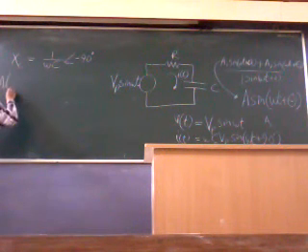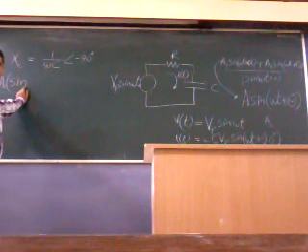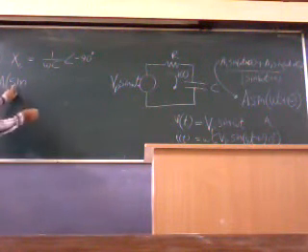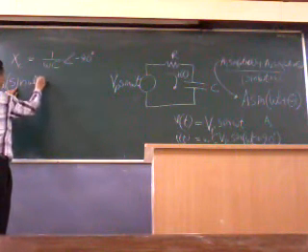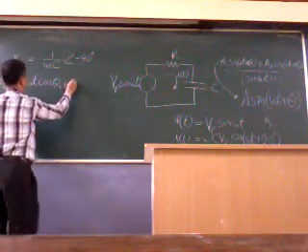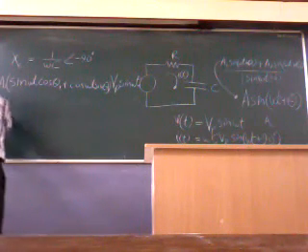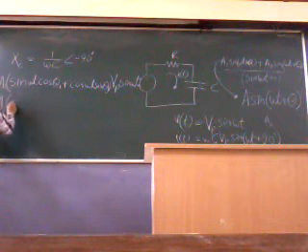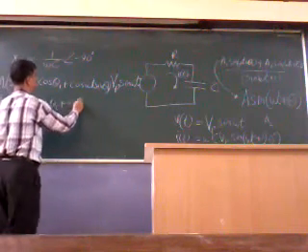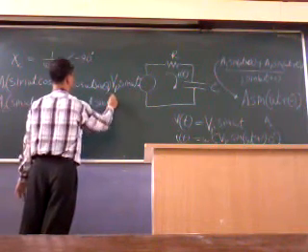Sin of A plus B is sin A cos B plus cos A sin B. So it is A1 times sin omega t cos theta 1 plus cos omega t sin theta 1, plus A2 times sin omega t cos theta 2 plus cos omega t sin theta 2.